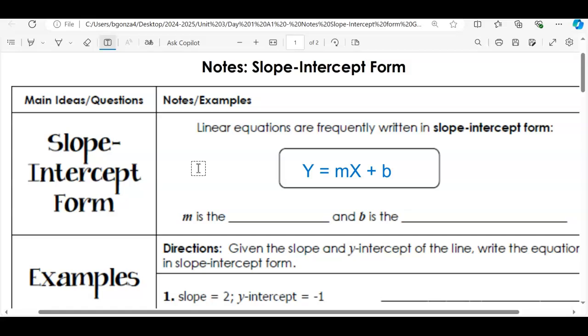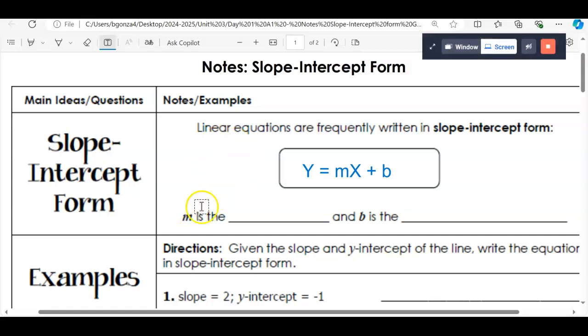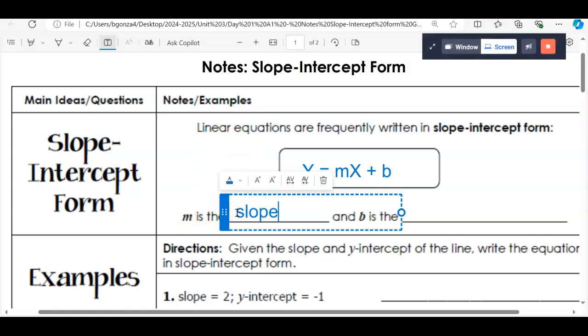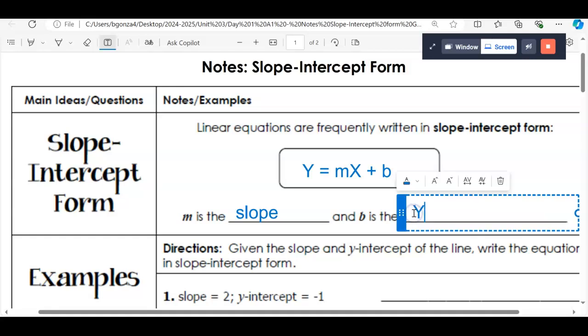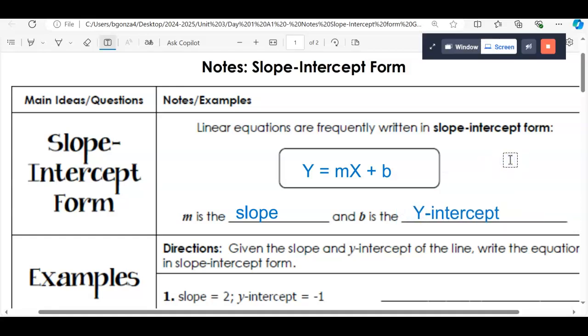Y equals mx plus b. Now, m is the slope, and b is the y-intercept. So write that down real quick.